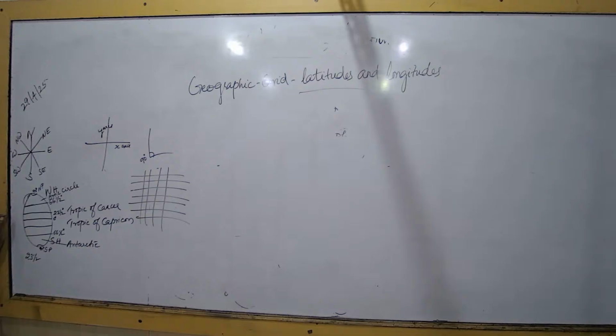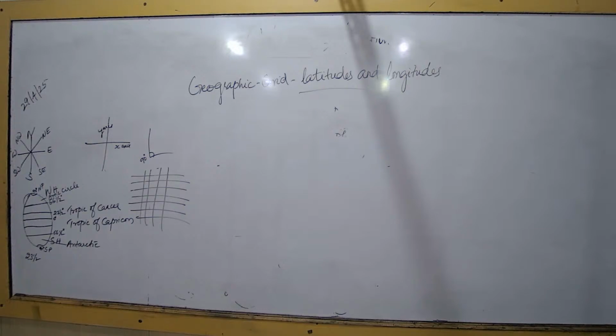Got it? How many lines are there? You tell. Huh? How many lines of latitudes are there? 181. Okay, you should not forget. Equator is the longest line of latitude. It represents 0 degree.